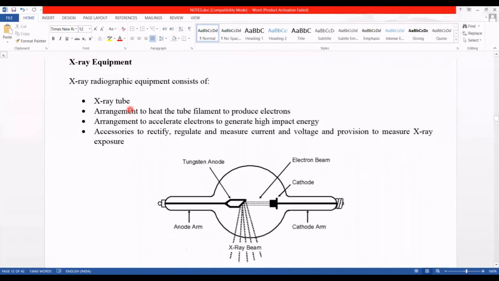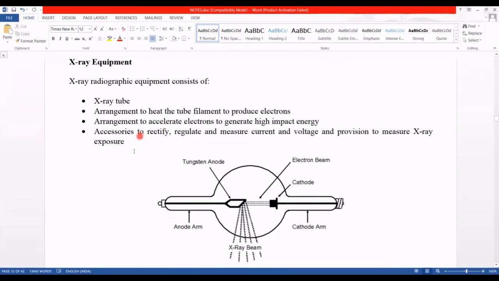What equipment is required for doing radiography with the help of X-rays? This equipment consists of four things. First one is the X-ray tube. Second is a heating filament for producing the electrons. Third, for accelerating these electrons from cathode to anode, we need a high potential difference, and for that we need a separate arrangement.